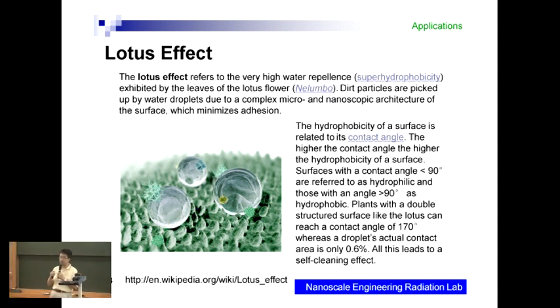One is larger. The other one is quite small, and they are on top of the first one. So with those two types of nanostructures together, the lotus leaf can prevent water from staying on its leaf. That's natural.